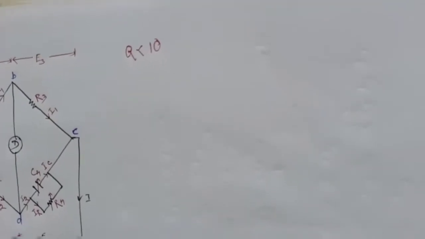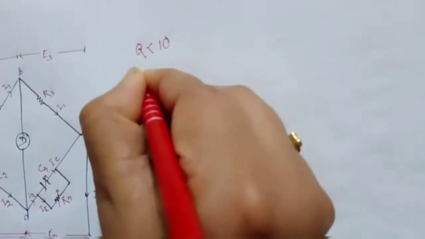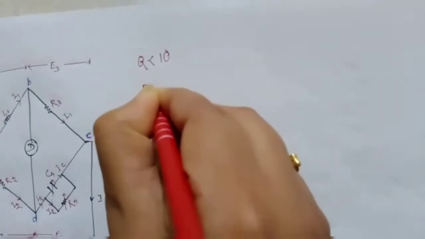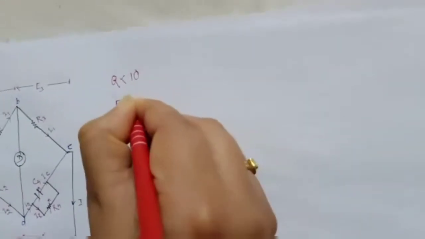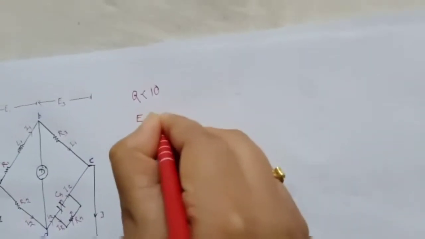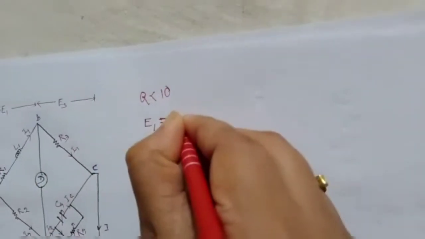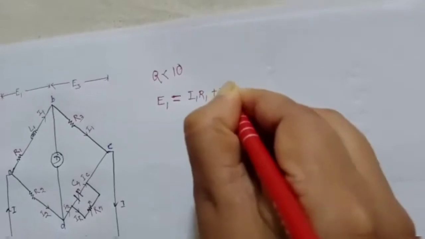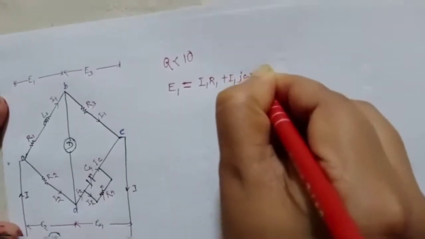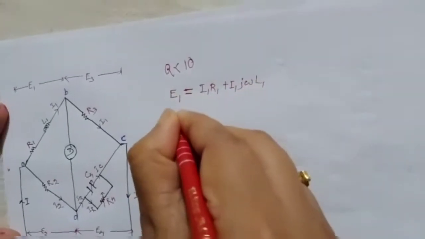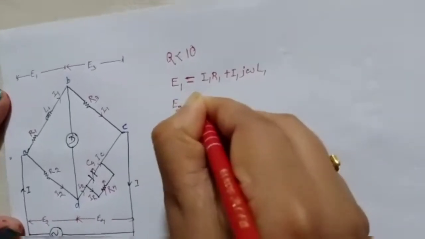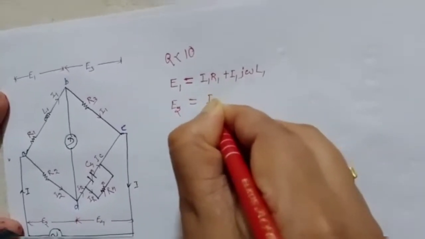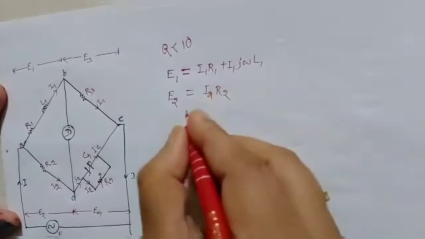of this bridge. So for drawing the phasor diagram, we need to write down the equations for voltage and current. The value of E1, it is an RL branch, so it should be I1 R1 plus I1 j omega L1. If we go for E2, it is a simple resistive branch, it should be I2 into R2.